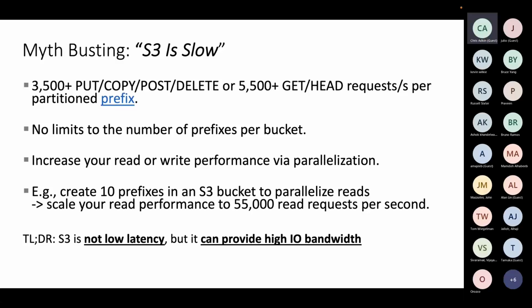And if you're using S3 and AWS, okay, the way you scale things out in terms of performance is you use prefixes. Okay, you use object prefixes. There's no limit to the number of these you can have in a bucket. The more of these you have, the better performance you will get.